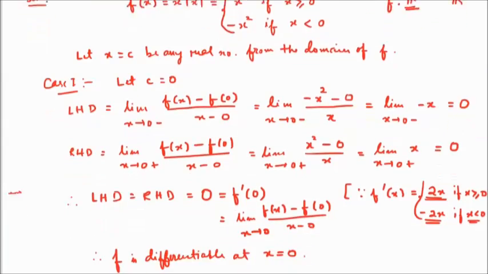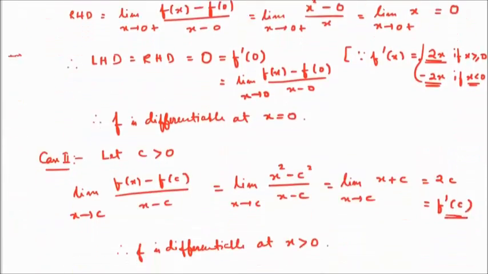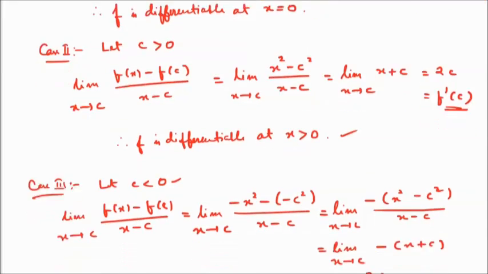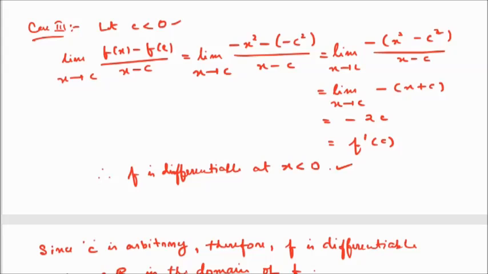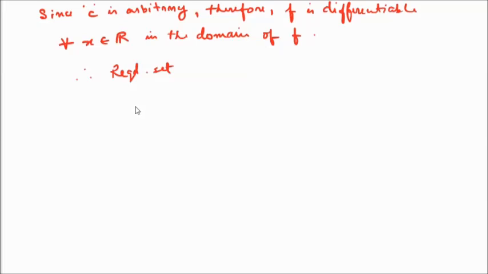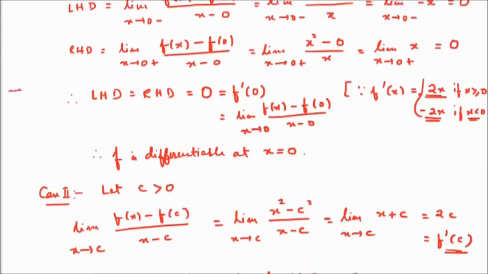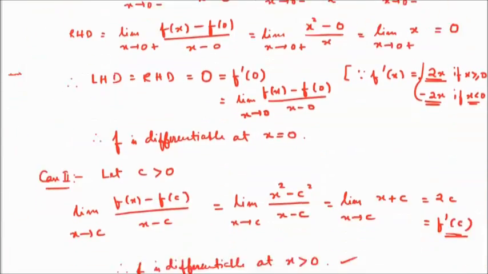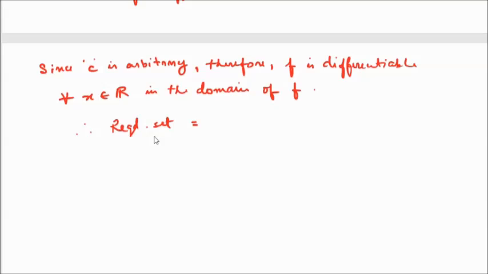I have checked that this function is differentiable at x is equal to 0, x is strictly greater than 0, and x is strictly less than 0. That means I have shown that my function is differentiable for all points on the real number line. And since I have considered that my domain is set of real numbers, the set of all points where this function is differentiable is nothing but the set of real numbers. So my required set will be nothing but the set of real numbers, which is my required answer.